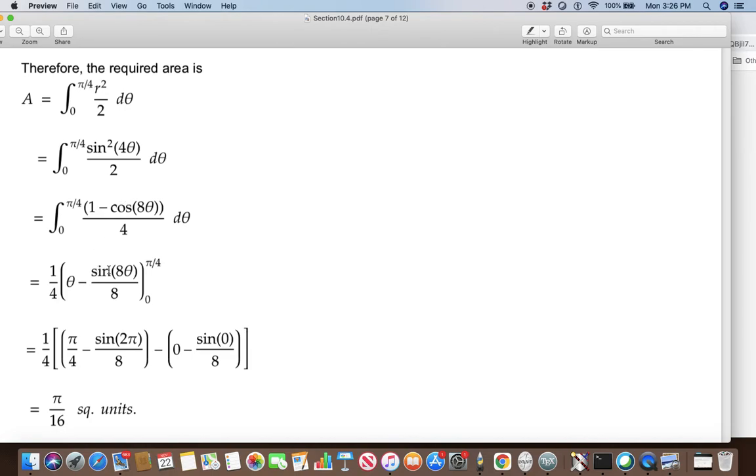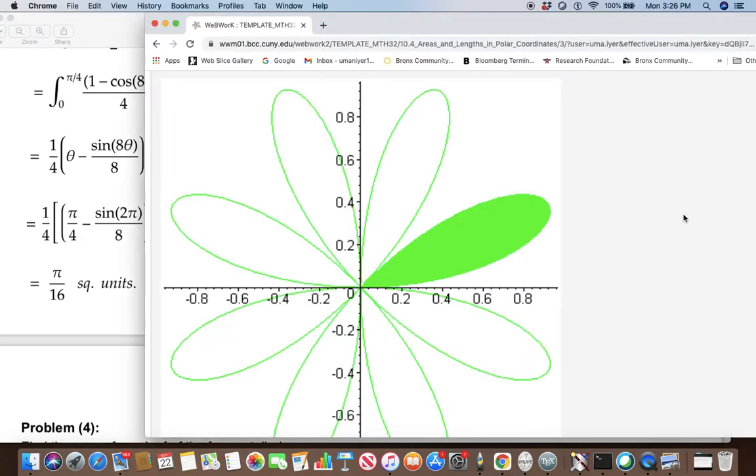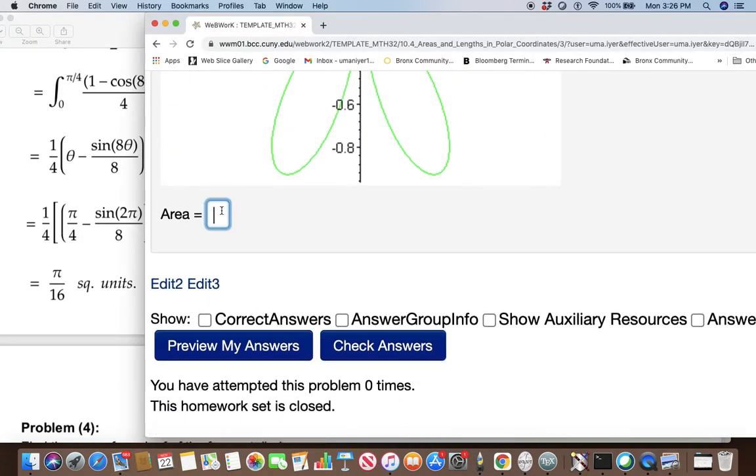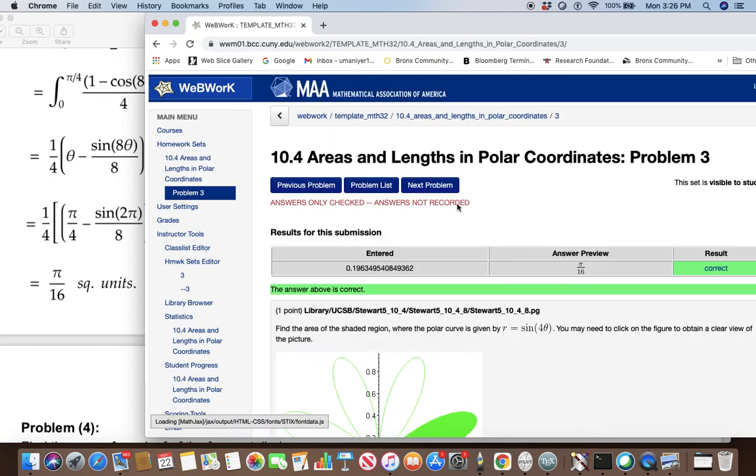Integration of cosine is simply sine, but with that 8, I have a division by 8. Apply limits of integration. Sine 2 pi is 0, sine 0 is 0. Only pi over 4 survives times 1 over 4. So that is pi over 16 square units. All right.